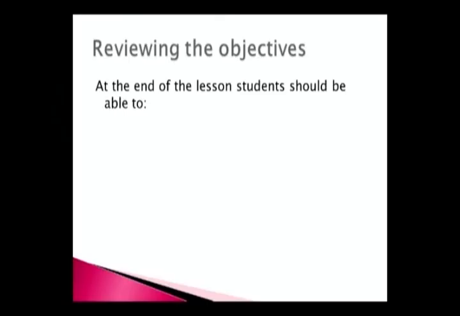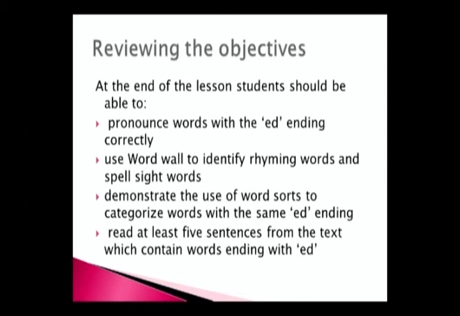Let's review our objectives. Remember, we had said that we wanted to achieve some things at the end of our lesson. Let's see if we achieved them. Did we pronounce words with the ed ending correctly? Yes, we did. Did we use word wall to identify rhyming words and spell sight words?